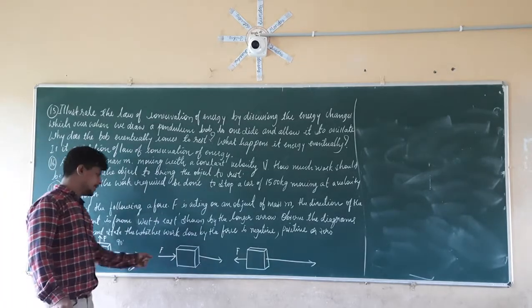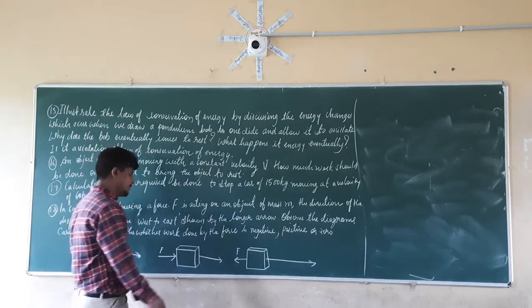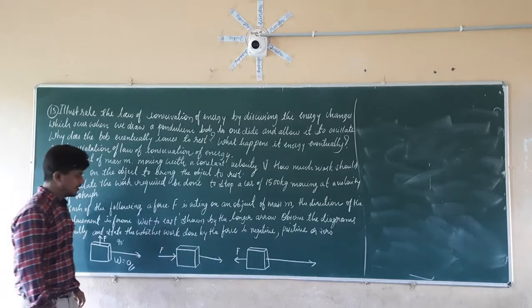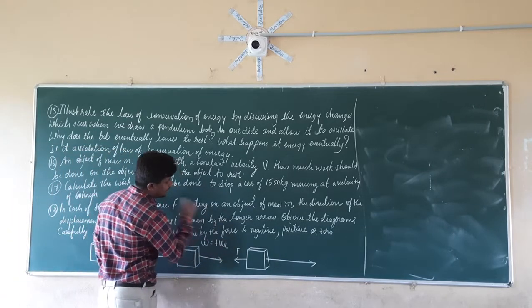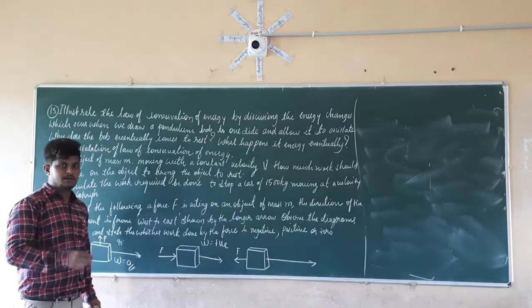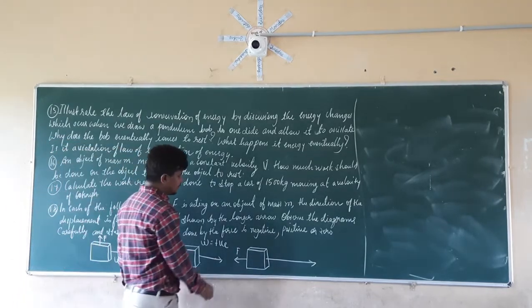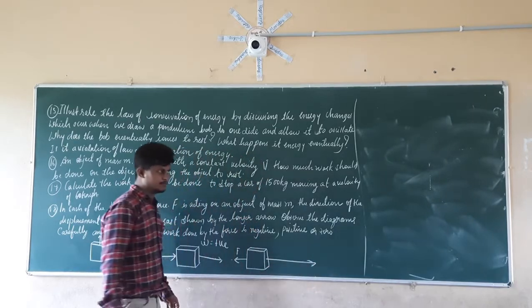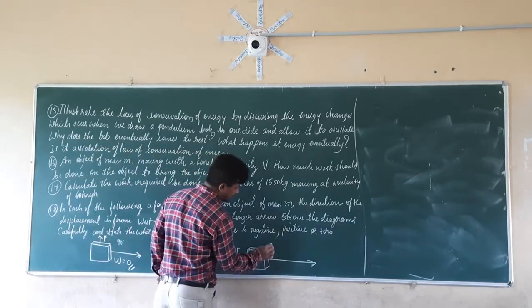The same way, take the second example here. Check here, the direction of the displacement and the direction of the force are both in the same direction. If both are in the same direction, then work done will be positive. That is nothing but W is equal to F into S. In the third example, the force is in this direction and the displacement is in this direction, and they are making an angle of 180 degree.